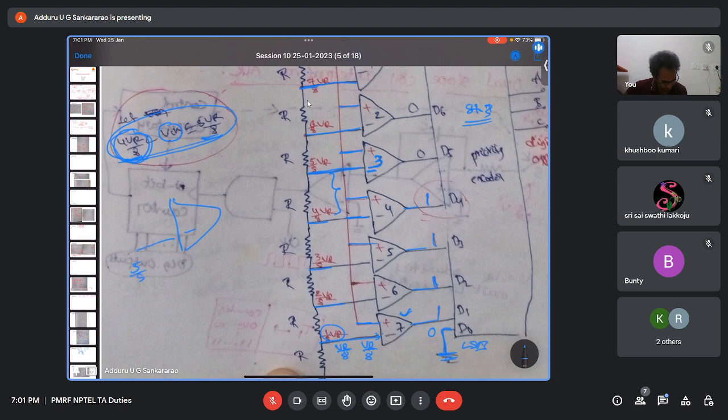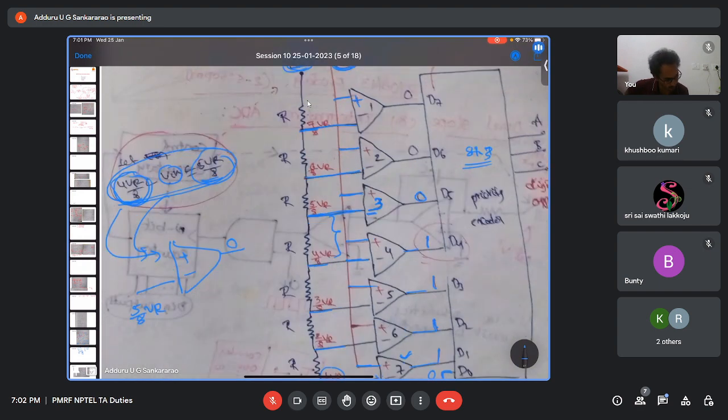It is 5 by 8 VR, and at the plus input what we are giving is less than 5 VR by 8. Now what will happen? Its output is 0, right? So its output is 0, and all the remaining upper comparators' outputs are 0. You know the comparator rule: based on which one is greater, the output is 0 or 1.